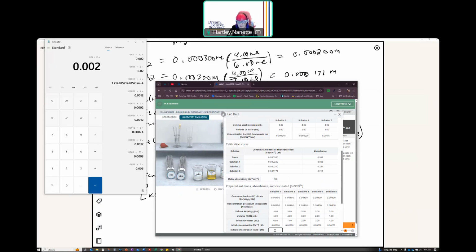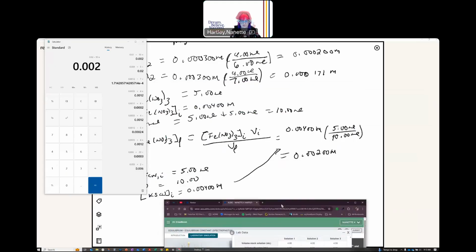So that final solution is again 0.0020 molar. Okay, this one is exactly the same, so this calculation looks exactly the same as what we did here.